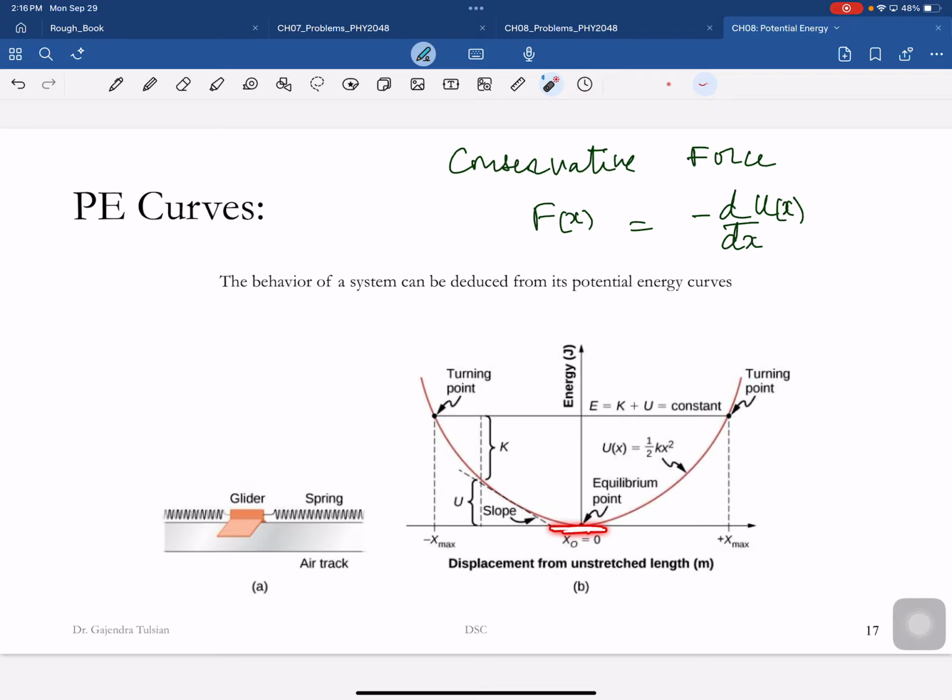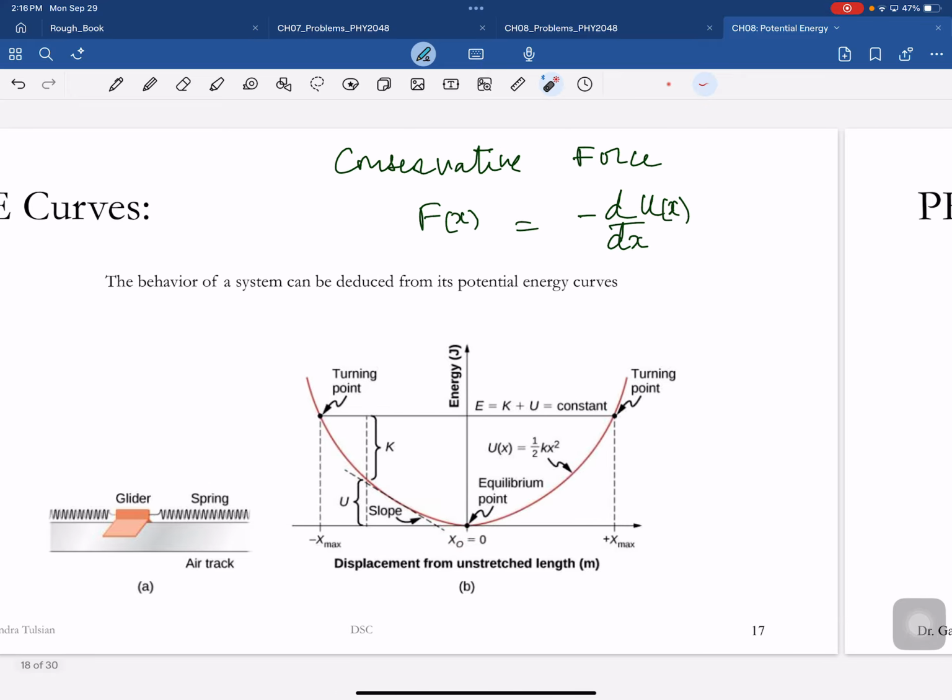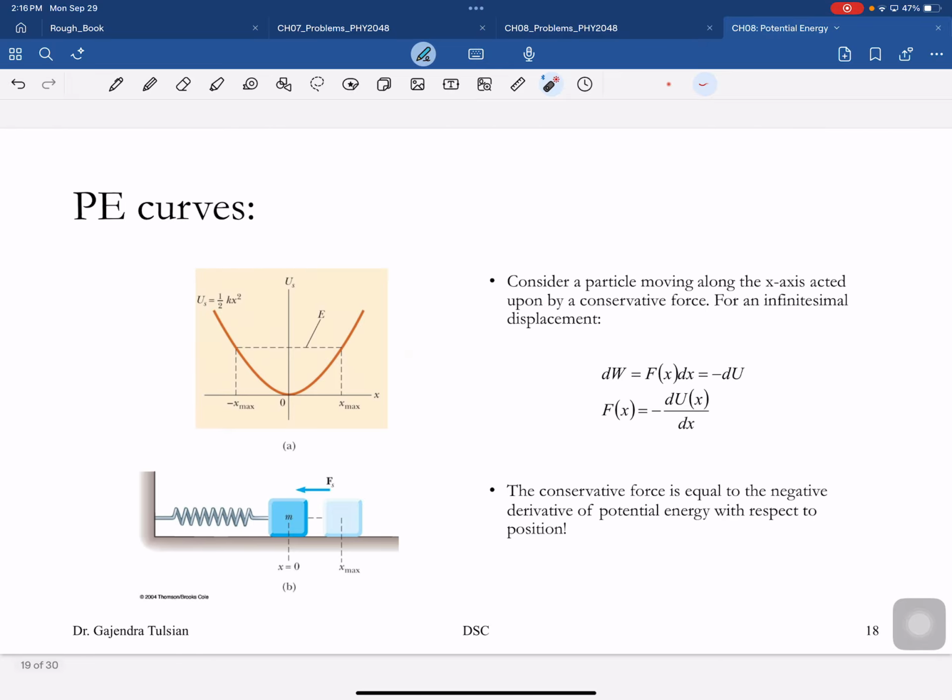How about when it's here? Du by dx is 0. The force on it is 0. That position is an equilibrium position. So you see that the local minima or local maxima are equilibrium positions. Minima and maxima of potential energy curves are equilibrium positions.